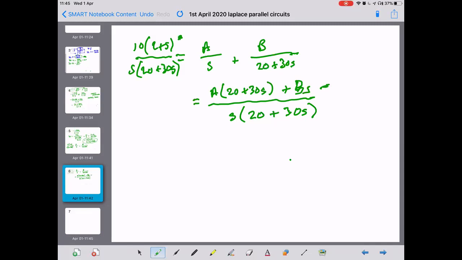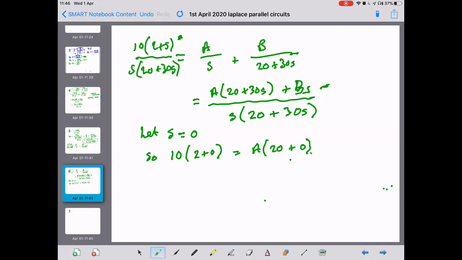So then we can say let s equal 0. 10 times 2 plus 0 equals A times 20 plus 0.